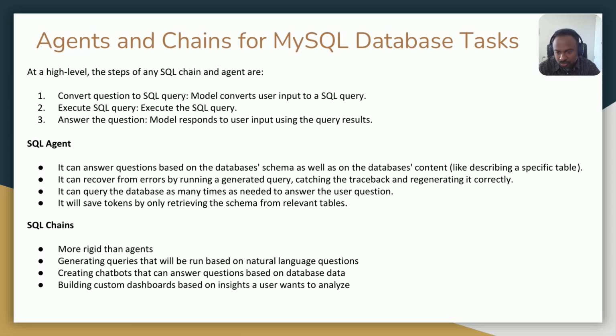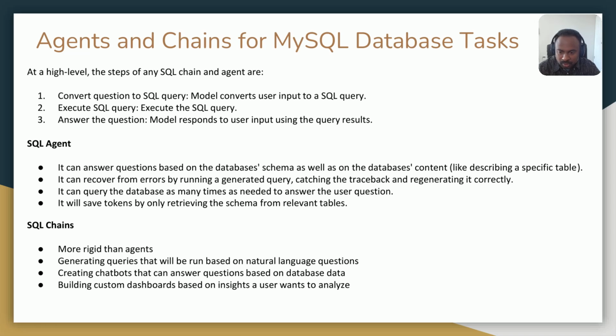For example, the SQL agent can answer questions based on database schema as well as database content, like describing a specific table. It can also recover from errors by running a generated query, catching the traceback and regenerating it correctly. It can query the database as many times as needed to answer the user question.